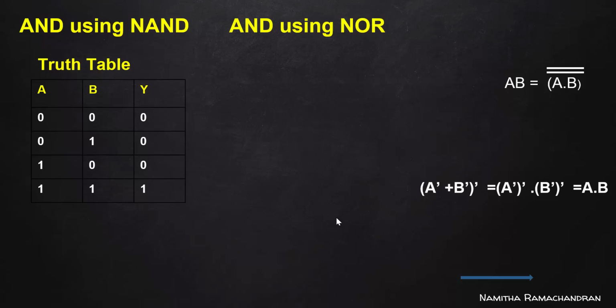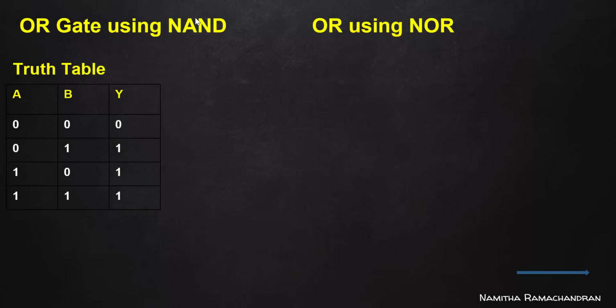Okay, so next is the case of OR gate implementation using NAND or OR gate implementation using NOR. First consider this one, similar to the AND gate implementation using NAND, for getting A plus B. From this truth table it is clear that if both the inputs equal 1 or at least one of the inputs equal 1, output of an OR gate becomes 1. If both the inputs equal 0, then only the output becomes 0.